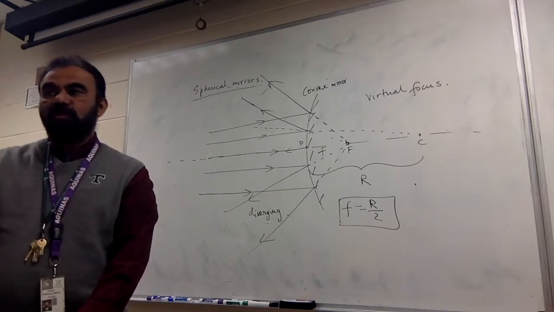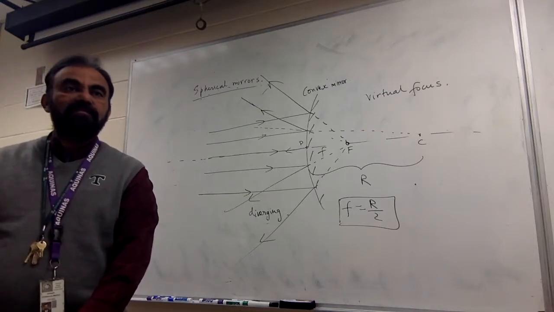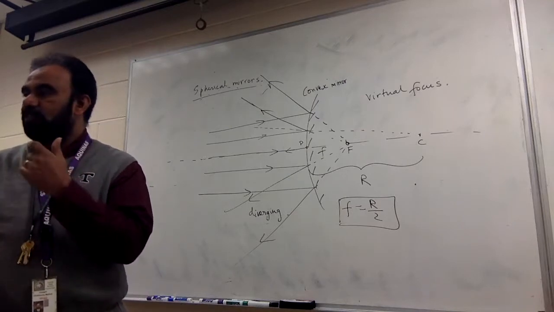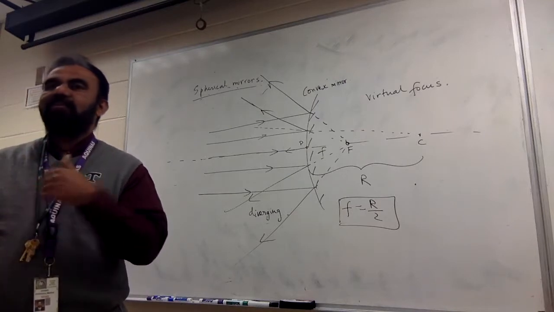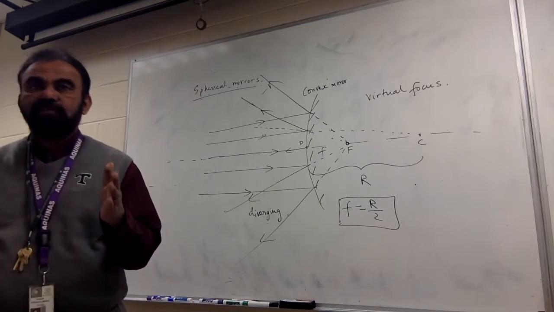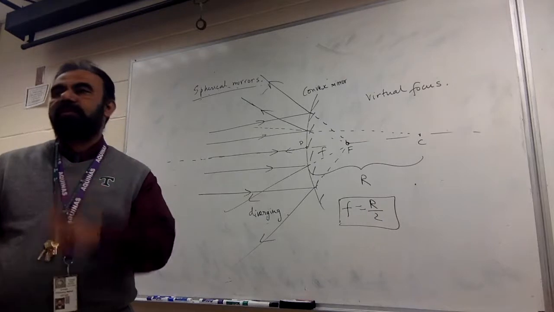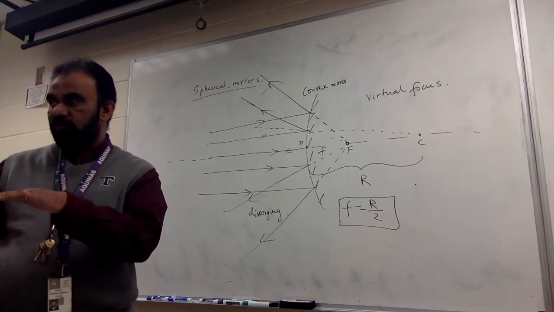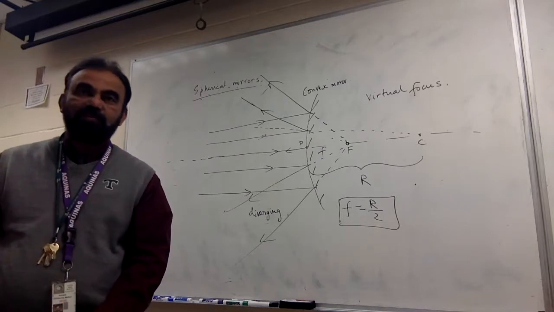We are going to use only one equation mainly for all of them. But we have to stick to sign conventions. What's the convention that we're going to stick to? Anything real is positive. Anything virtual is negative. That's what we're going to take when we solve problems. So when we solve problems, I'll be stressing on that more.